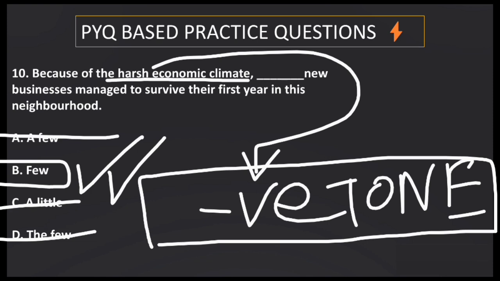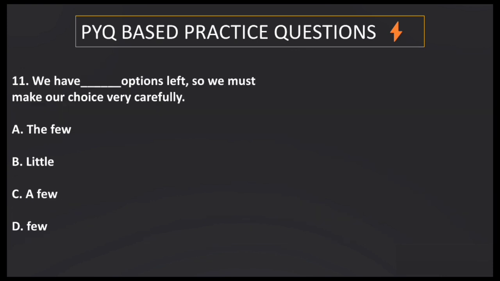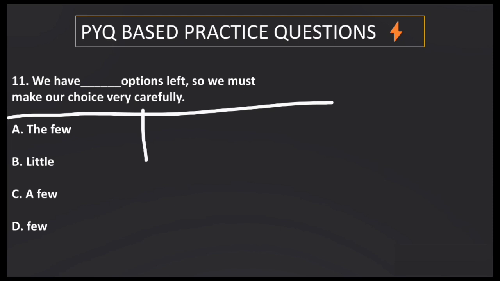Next question. We have options left, so we must make our choice very carefully. What do you feel when you read this question? If you see this specific word, very carefully, it gives one kind of negative feeling, which means the lack of adequate choices or options instead of positive one.